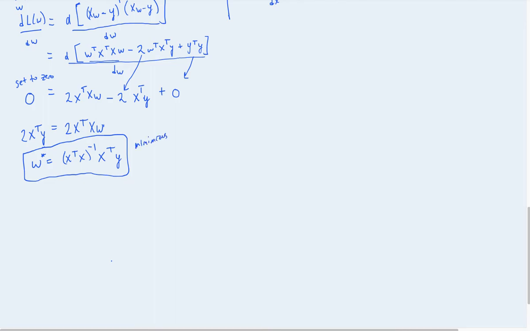And so this is the W that a computer program might return if you're running a simple form of linear regression.